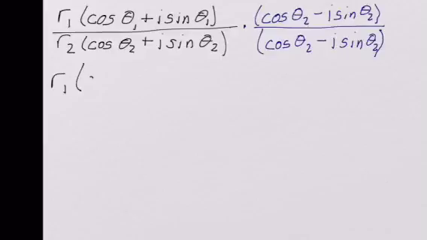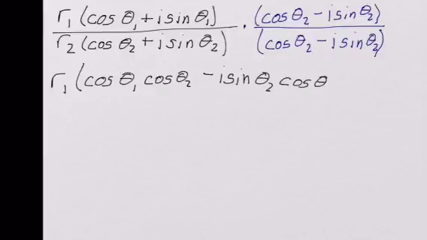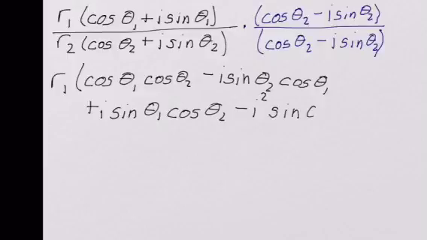So I get R1 cosine theta 1 cosine theta 2 minus i sine theta 2 cosine theta 1 plus i sine theta 1 cosine theta 2 minus i squared sine theta 1 sine theta 2.